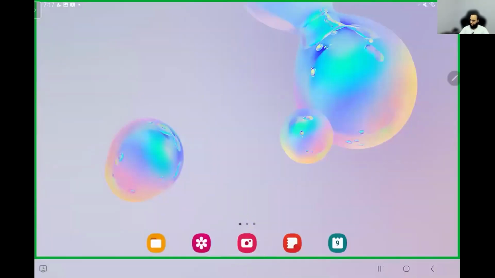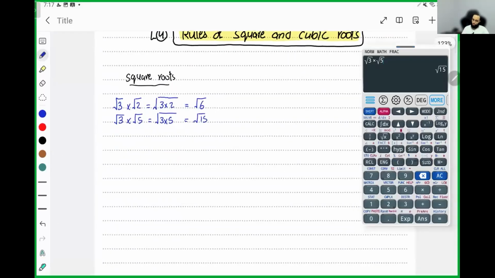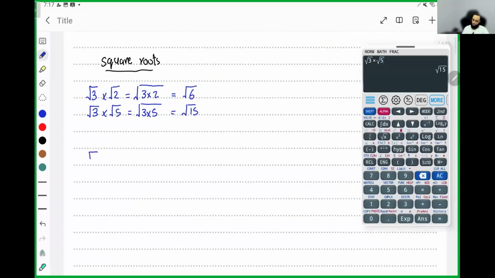Not only that, this also works with division. If you have root 12 over root 6, you can do it as only one root, and inside the root 12 over 6. 12 over 6 equals what? Equals 2, then it's root 2.